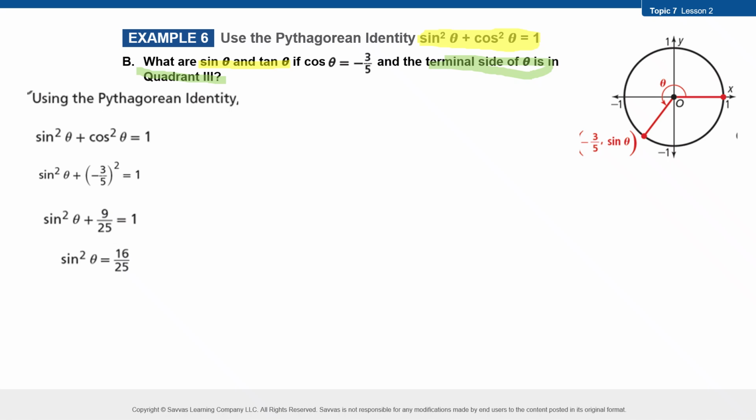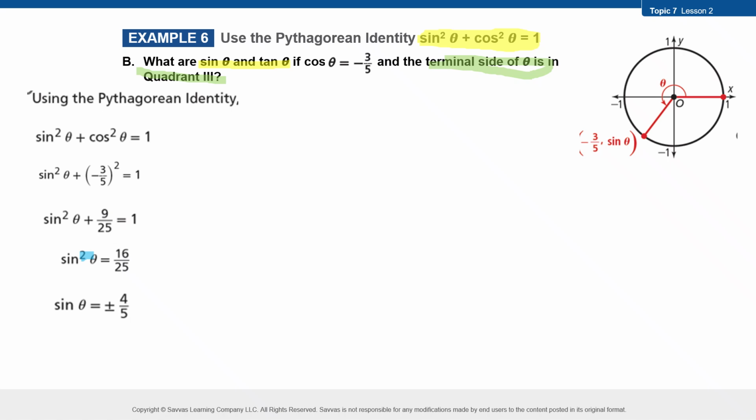Square root that on both sides, and you're going to get plus or minus 4/5. Now remember, in the beginning of the school year, I taught you that when you're dealing with an exponent of 2 or more, they're going to tell you what kind of answers you have. Because this is an exponent of 2, you're going to have plus or minus 4/5.